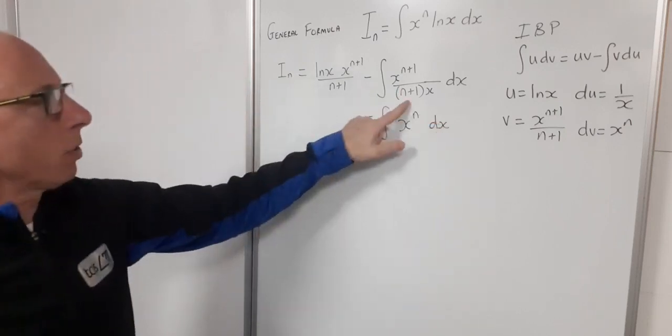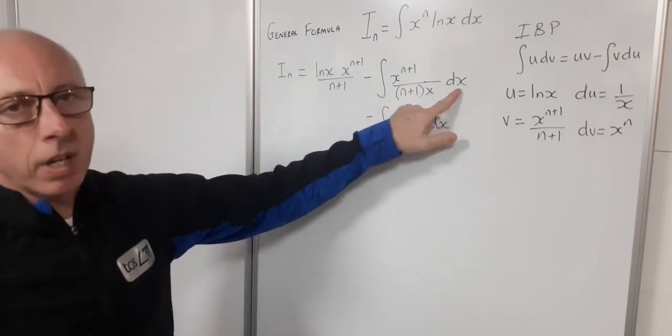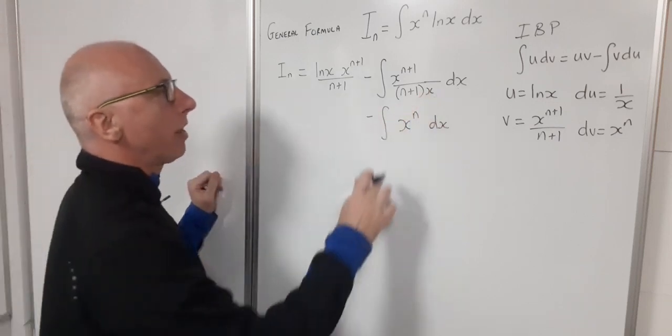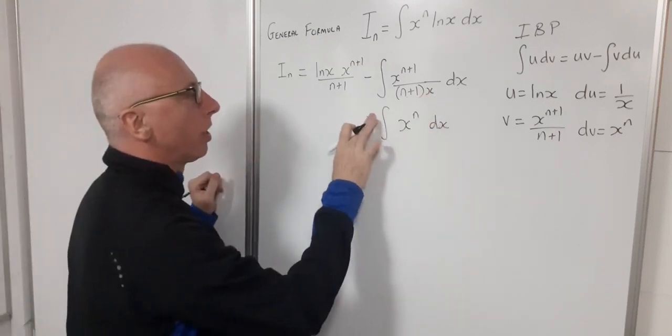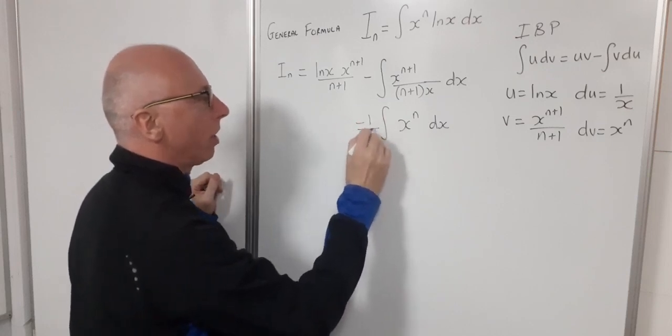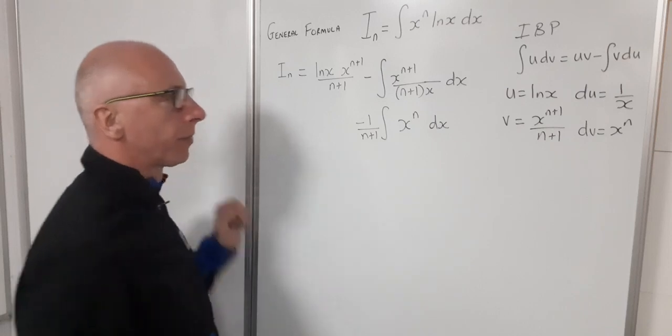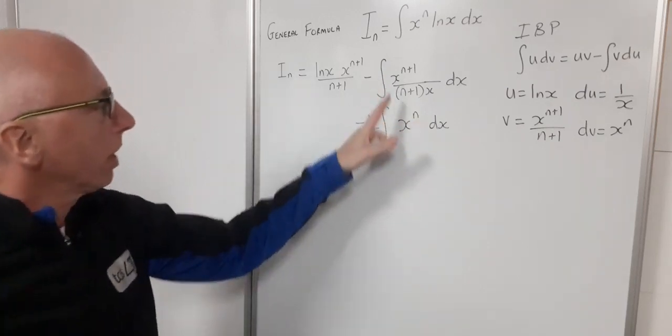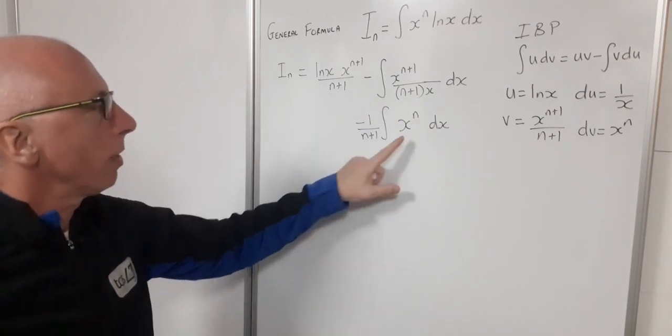And then this n plus 1, well, when we're integrating with regards to x, this is just a multiple. So I can multiply this by 1 over n plus 1. So if I bring this out here and bring minus 1 over n plus 1, then that's fine. So now I can just integrate this.